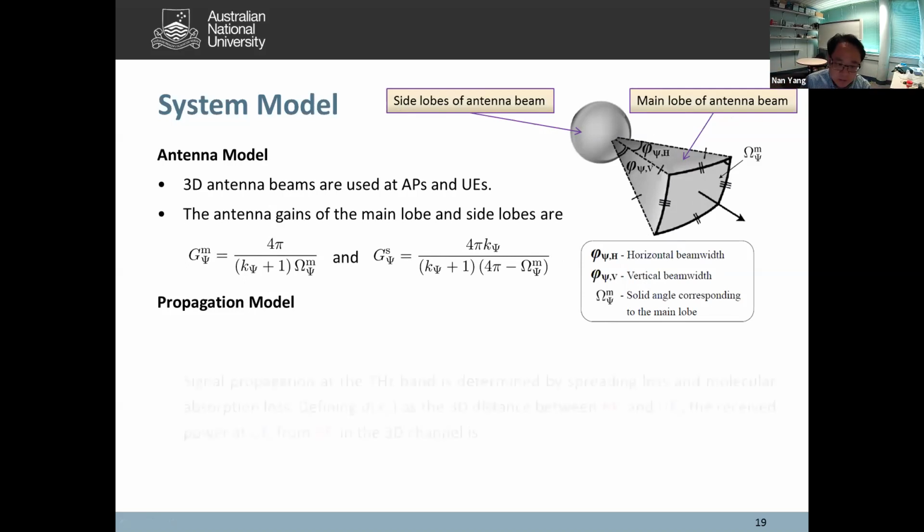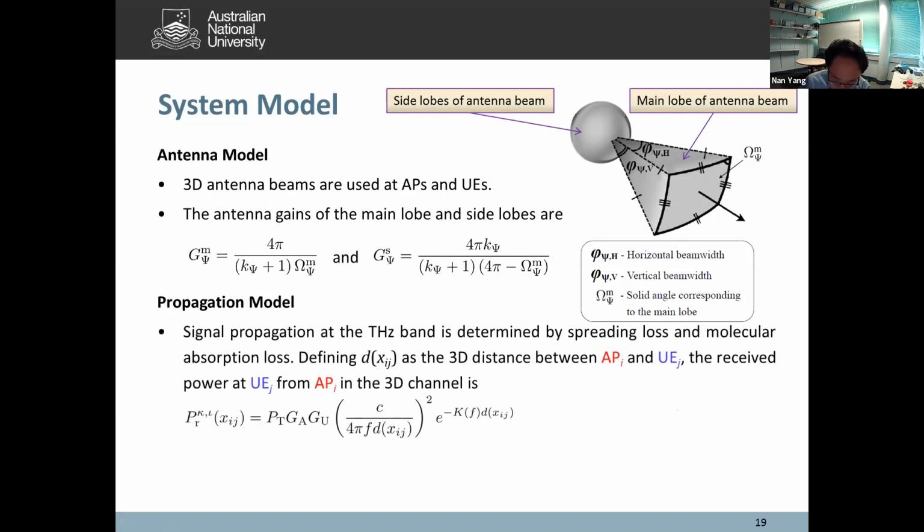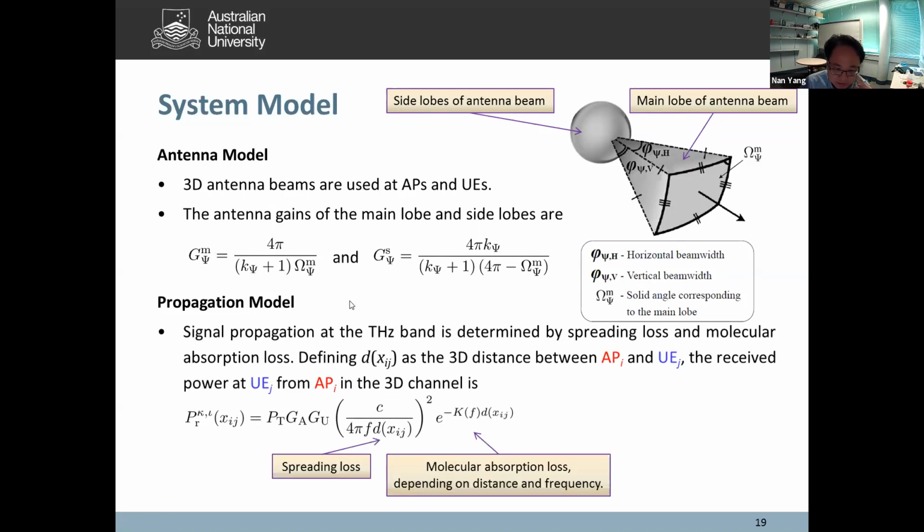And then for the propagation model, we mentioned that in terahertz communication, the signal propagation at the terahertz band is impacted by two things. One is spreading loss, and one is molecular absorption loss.